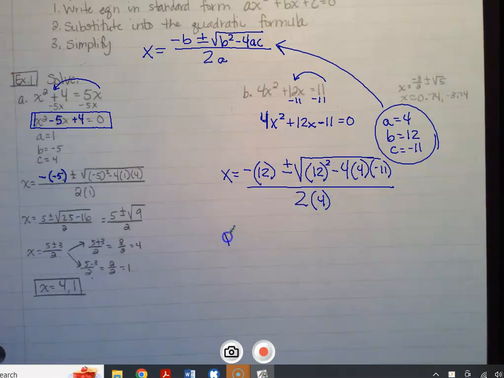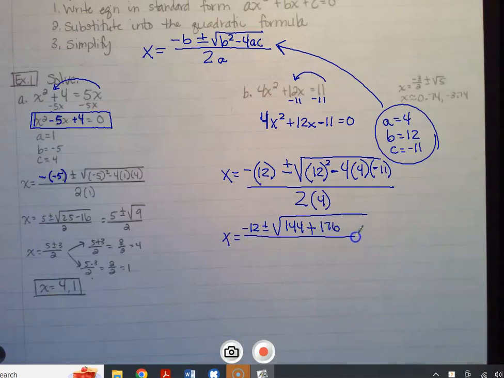All right, so we're going to come down here and do some work. So x equals negative 12 plus or minus the square root of 12 squared is 144, minus 4 times, let's see, we've got a negative times a negative. That's going to make this a positive. 4 times 4 is 16. And 16 times 11, let me do some math here, 16 times 11 is 176.